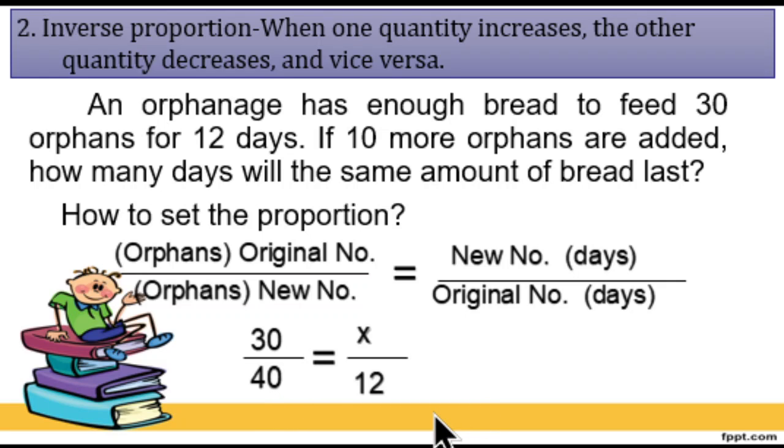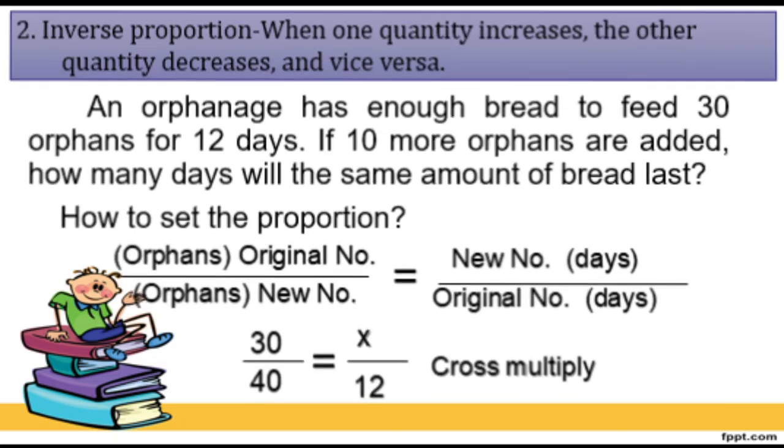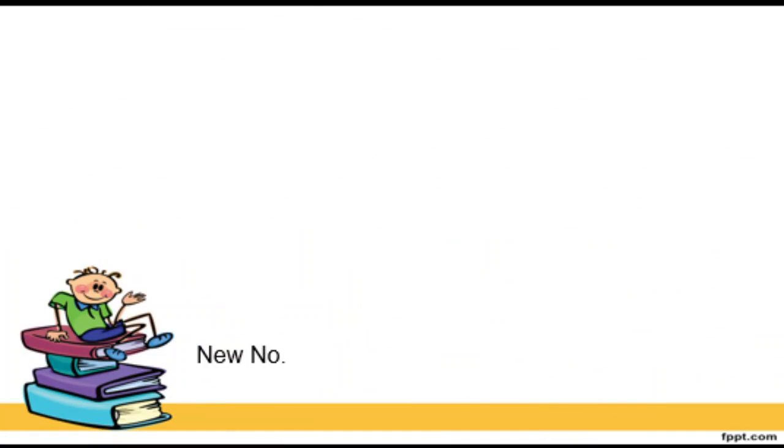So this time, let's solve for x. How to solve? We have to cross multiply. As you have learned, we cross multiply the two ratios. So, to rewrite, x times 40 is equal to 30 times 12.